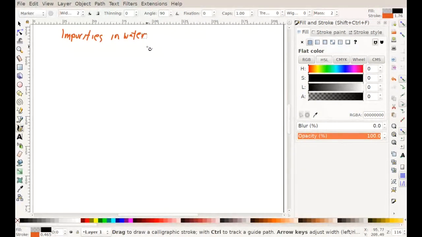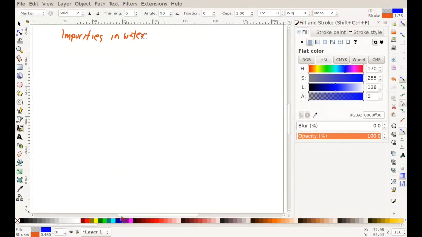Okay, impurities in water. Let's start listing the kinds of things that we find in water, things that we've got to remove. Biological impurities. Okay, biological impurities.